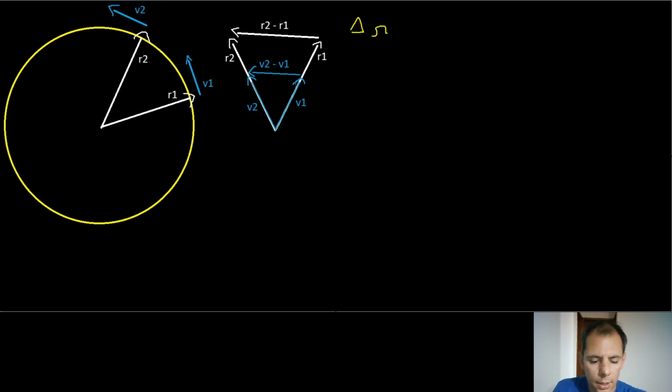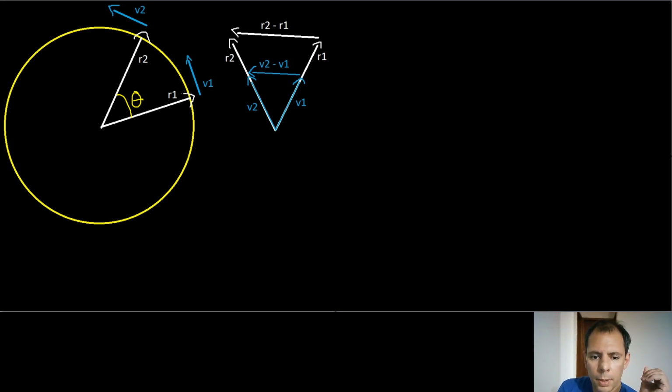Now, what you can see is that R1 is one of the sides of a triangle, R2 is the other side of the triangle, and R2 minus R1 is the third side of the triangle. As much as R1 changes into R2, this angle right here, let's call it theta, V1 is also going to change into V2 by the same angle, theta. How do I know that?